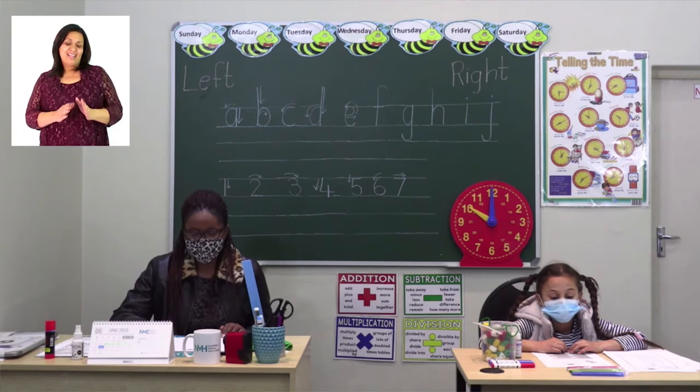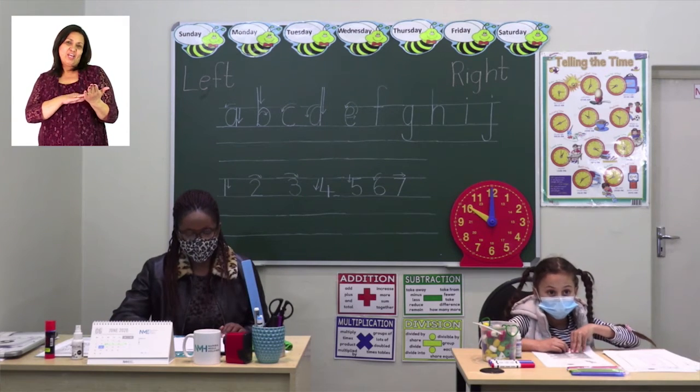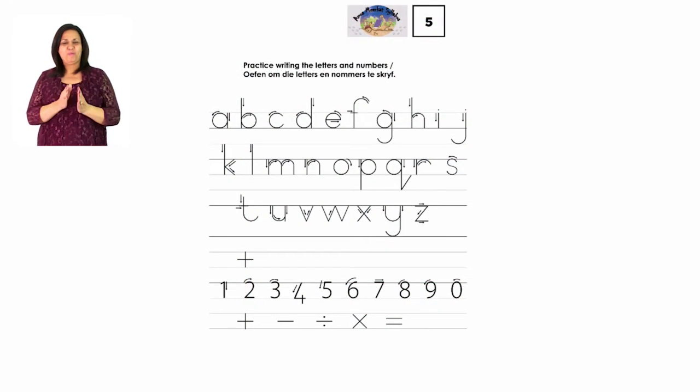Let's turn to page 29 of our booklet. On page 29, it says, practice writing the letters and numbers. We have the letters of the alphabet.